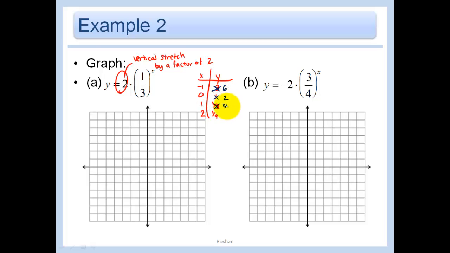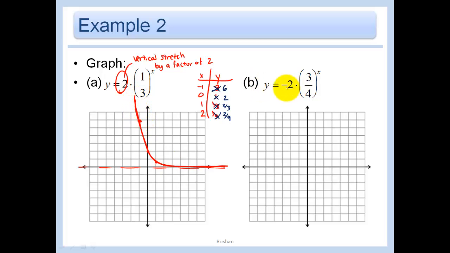Times 2, times 2. Since I really have not shifted anything up or down, I do not touch my horizontal asymptote, and I plot those points.